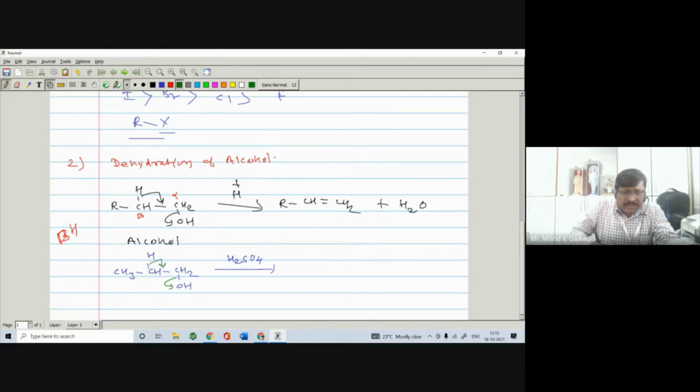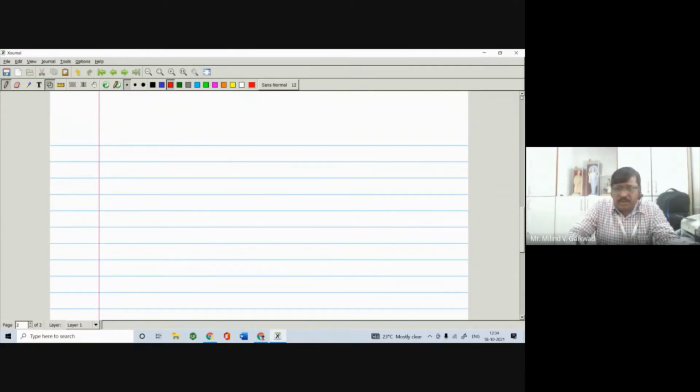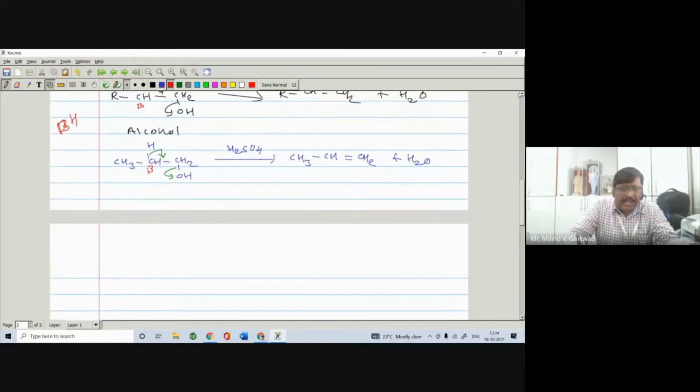This sigma bond shifts, forming a double bond, and you get CH3-CH=CH2 plus a water molecule. There is abstraction of a proton from the beta carbon atom, so there must be a beta hydrogen atom.